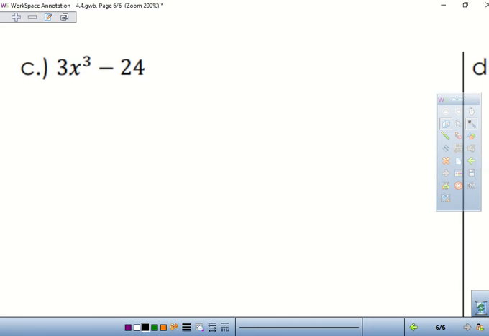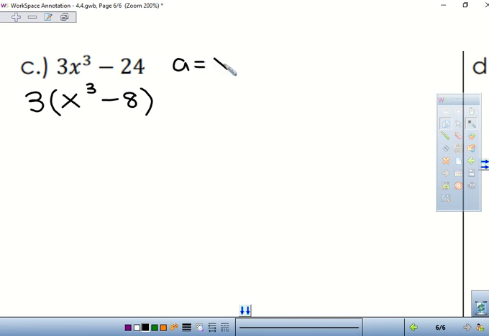Let's do letter C together. So step 1 is what? Factor out a GCF. All right. Step 2 is to identify a and b. What's the a? What's the b? 2. Because 2 times 2 times 2 is 8.